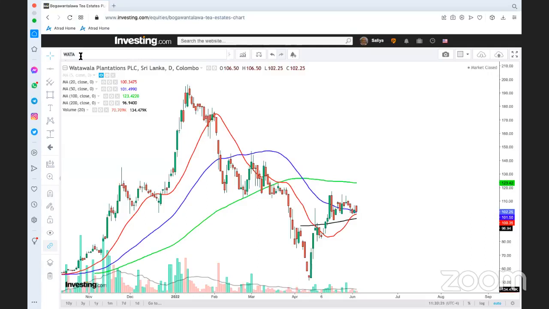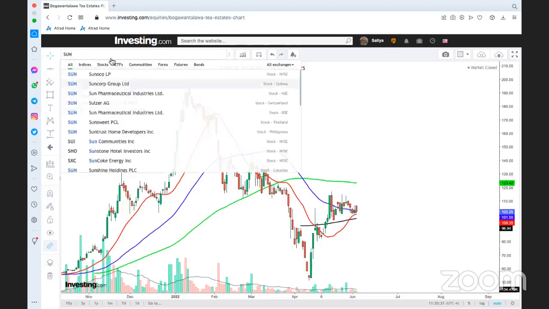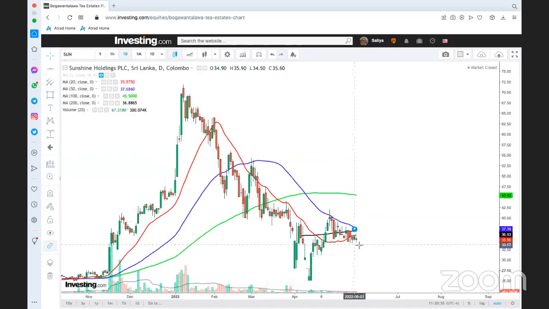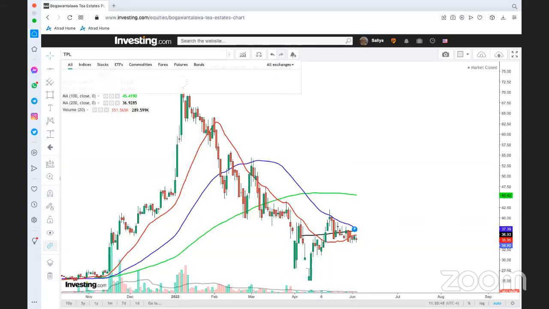Thereafter, since it's in the same group, Sunshine Holdings. You don't have a trend here. It's still in the early stage. Then Talawakale Plantations.